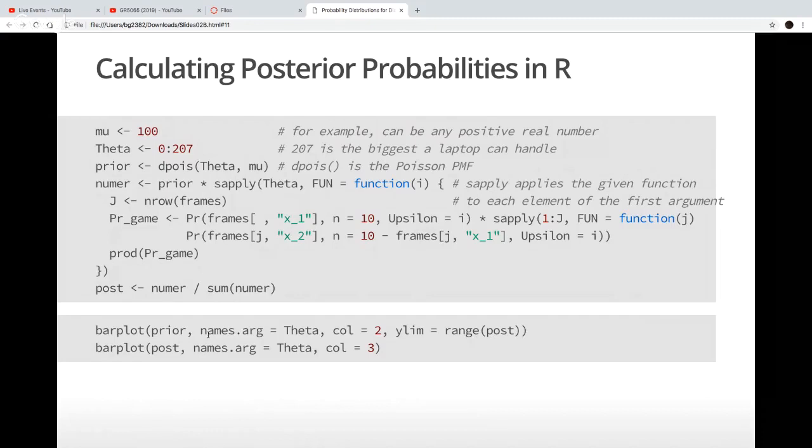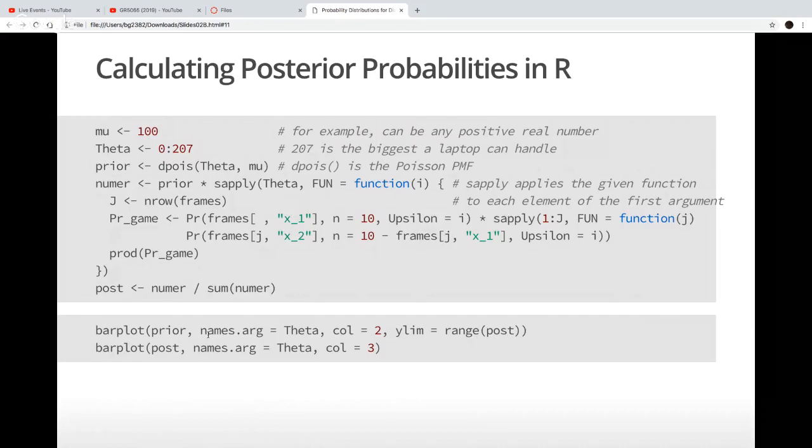Our prior probability can be represented by the Poisson PMF, which is given by the dPois function in R. So we give it theta and mu. We get back 208 probabilities, 1 for each level of theta, and given our assumption mu.